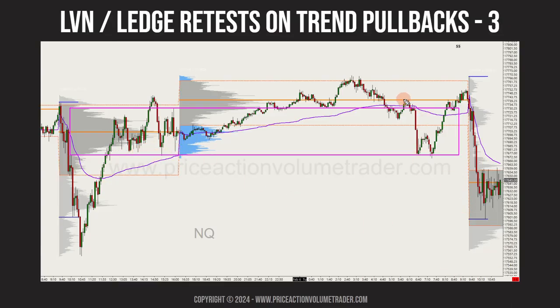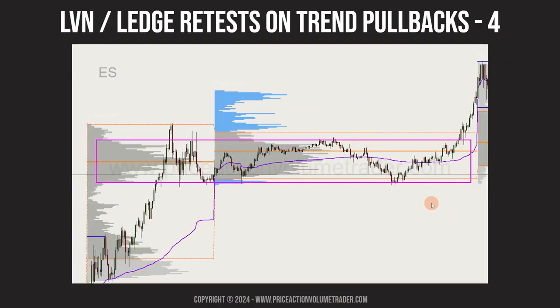And then here during the extended trading hours, we had this slow chugging up, and then we had this quick move down. And you can see how we found very significant support right around this low volume node ledge over here, and then a push up in the direction of the overall trend.